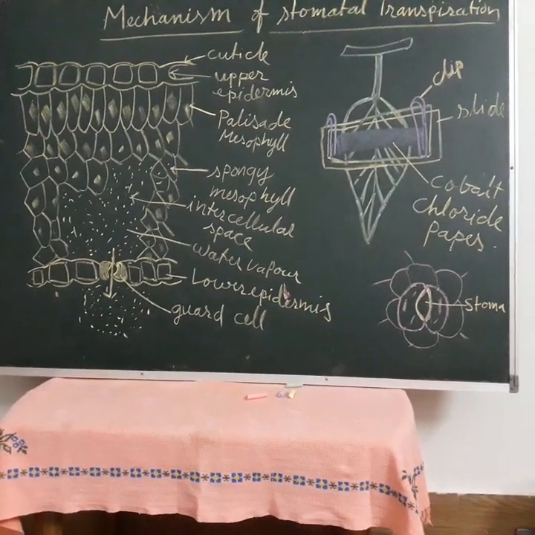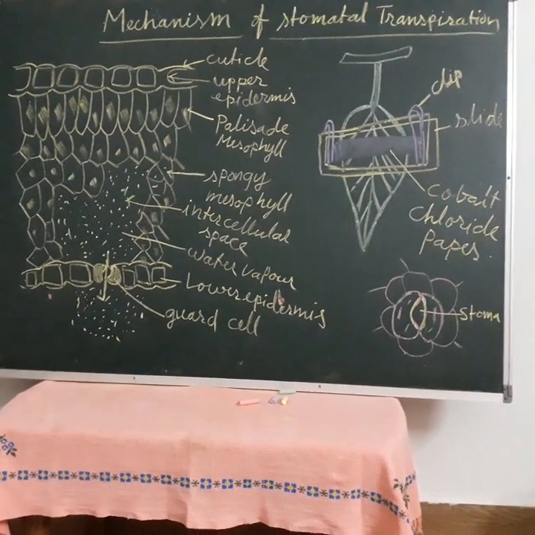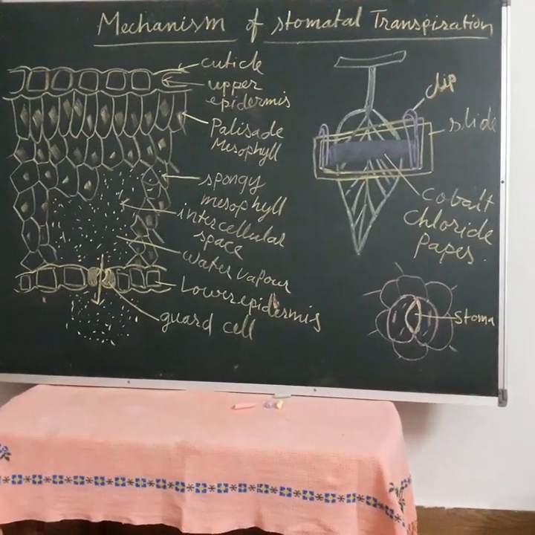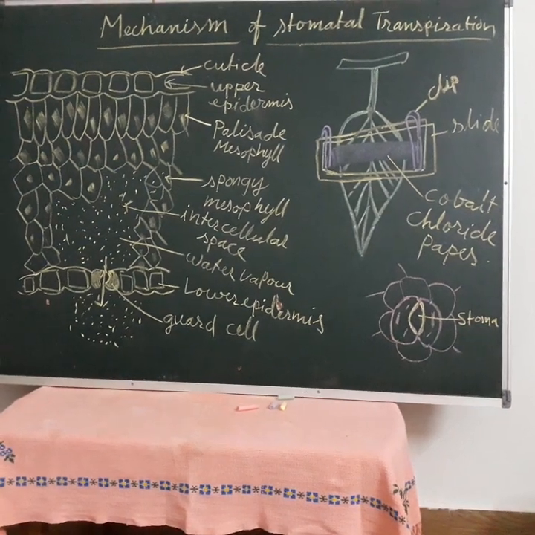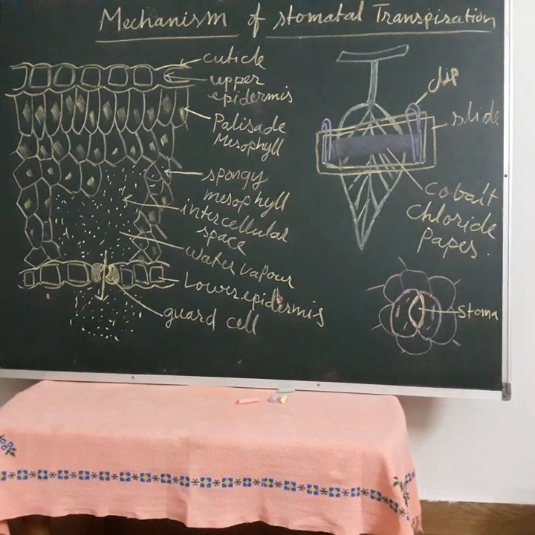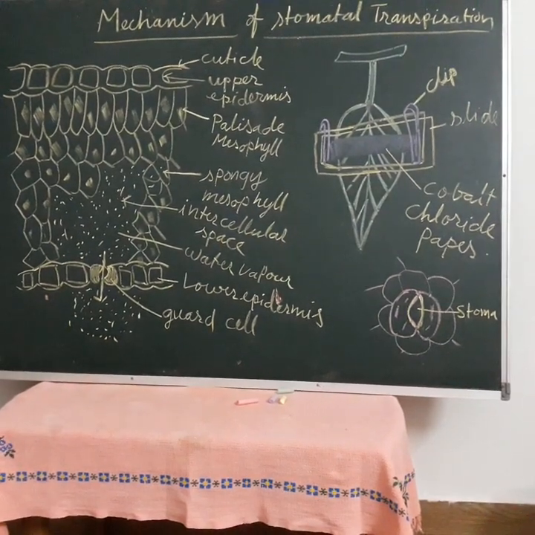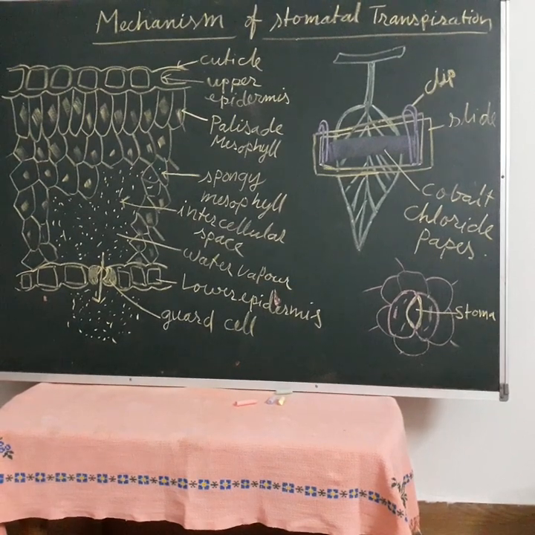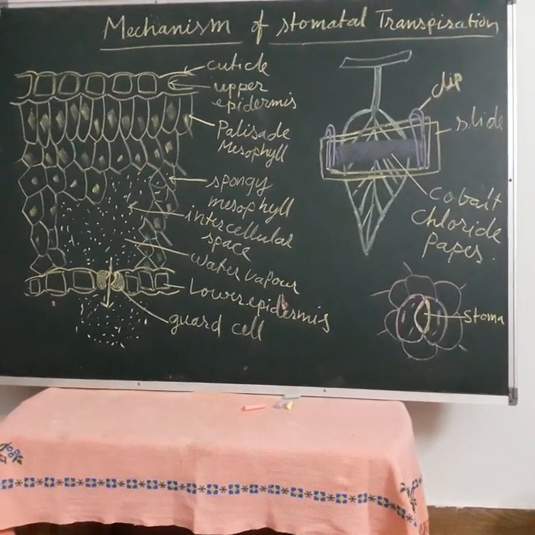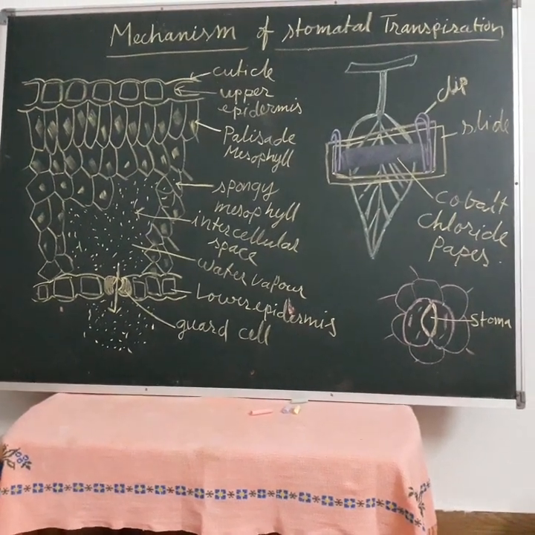Stomata are minute openings in the epidermal layer of leaves. A stoma is surrounded by two bean-shaped cells. During daytime, the stomata are wide open for intake of carbon dioxide to fulfill the need of photosynthesis.